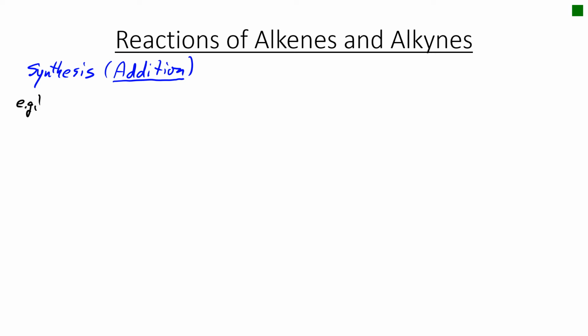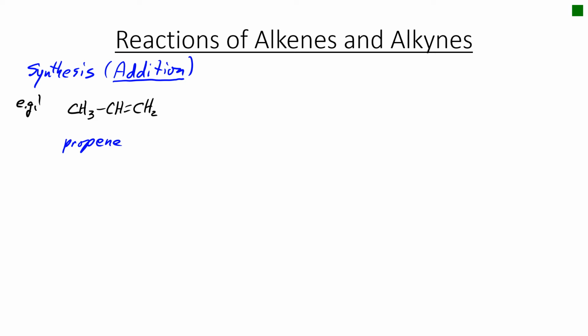I'm going to, for all of these, use the organic molecule propene. So I'm going to have a CH3, CH, double bond, CH2. So that's propene. I don't have to put a 1 on it because no matter which end of this molecule I put the double bond, it's still going to be a 1.